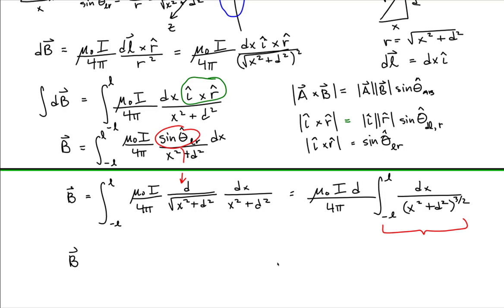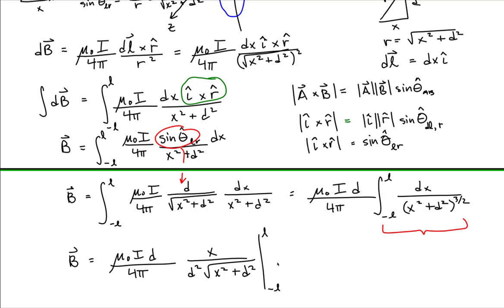And when I look it up in an integration table, I get that the integral for the magnetic field is mu naught I d over 4 pi, and that integral evaluates to x over d squared times the square root of x squared plus d squared. And that is evaluated from minus L to L.